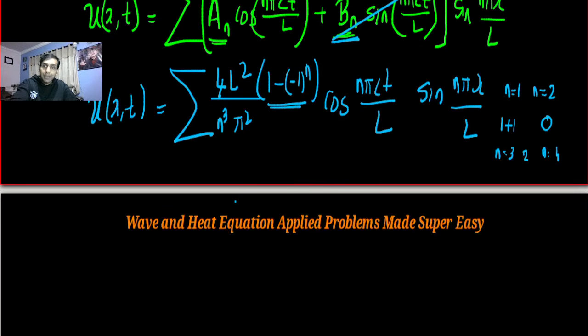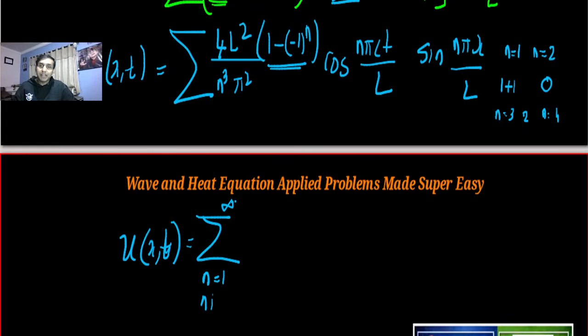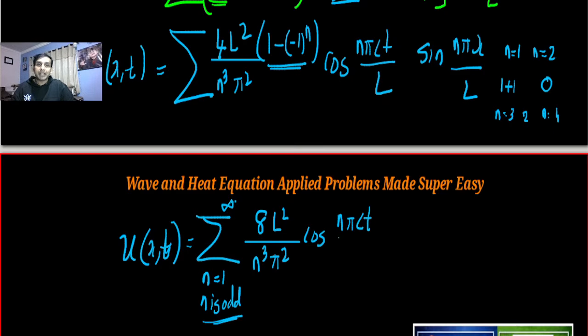So in some books, what they do is, whenever we get 1 minus minus 1 the whole power n, they will write sigma n equal to 1 to infinity, and they will write a word n is odd, or it will be specifically given use only odd numbers or n odd etc., and write 8 l square by n cube pi square cos n pi ct by l multiplied by sine n pi x by l.